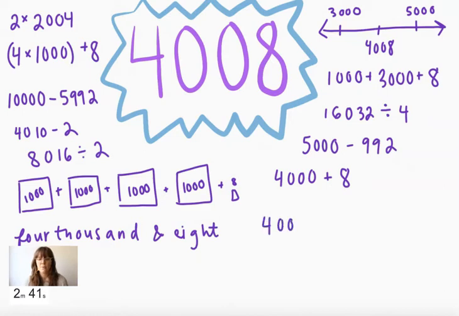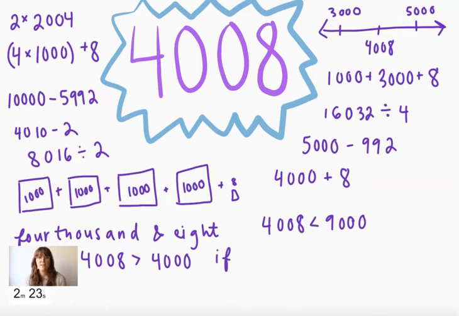As for some inequalities, we could say that 4008 is less than 9000. And similarly, we can say that 4008 is greater than 4000. Now let's try to come up with a problem that incorporates the number, just for fun. Get a bit creative.